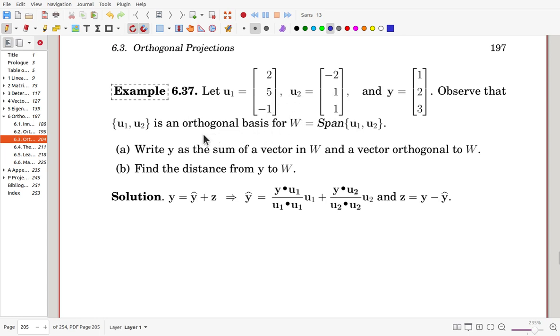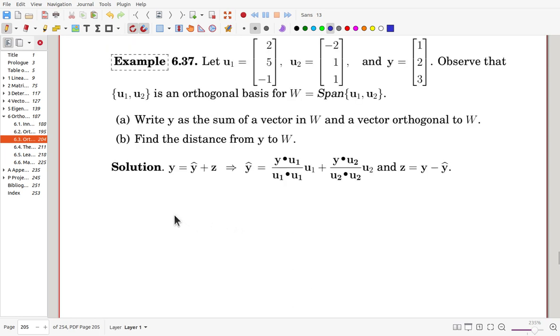And it can be an orthogonal basis for W if W is the span of u1 and u2. Write y as the sum of a vector in W, that must be y hat, the projection, and a vector orthogonal to W. That must be z. Okay, let's try to do that.